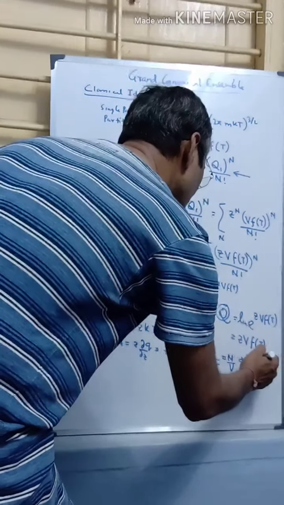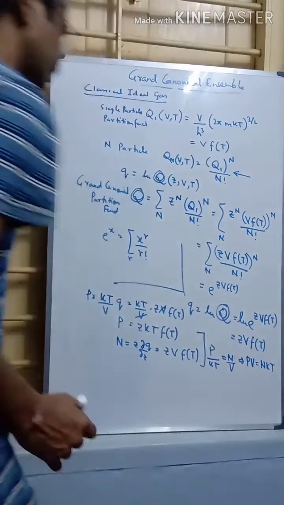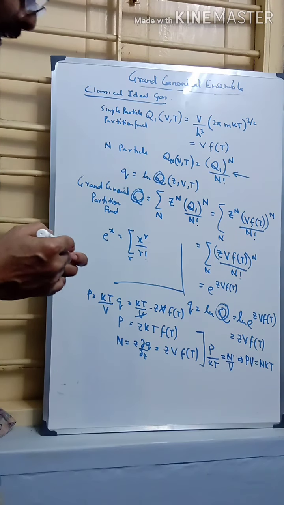So PV is equal to NkT. From these two equations we can arrive at the ideal gas equation.